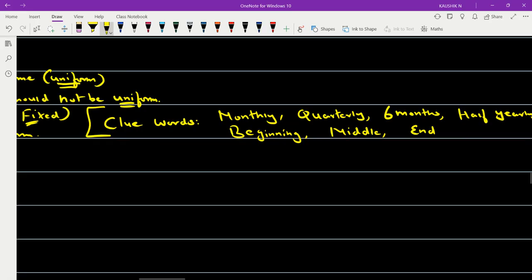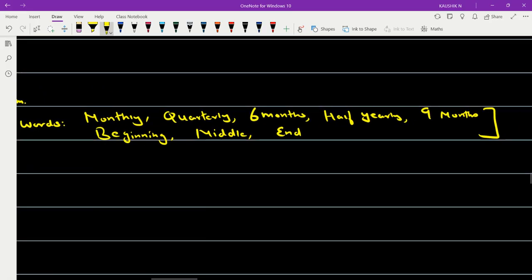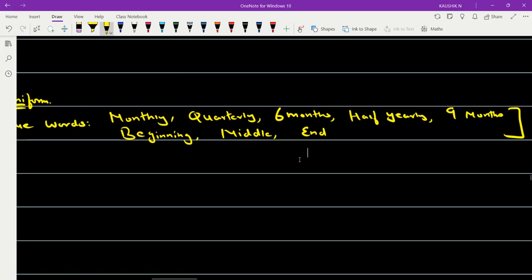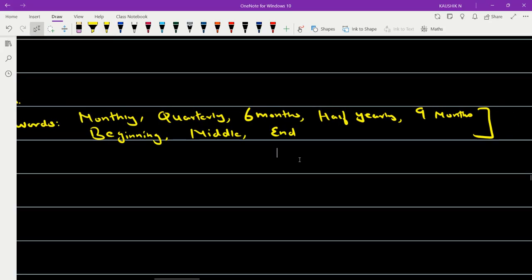So if you come across any of these words or combination of these words in your question, then it is a clear-cut indication that the problem should be dealt only under the average period method. Is it clear to you? The clue words: monthly, quarterly, 6 months, half yearly, 9 months, beginning, middle, end.